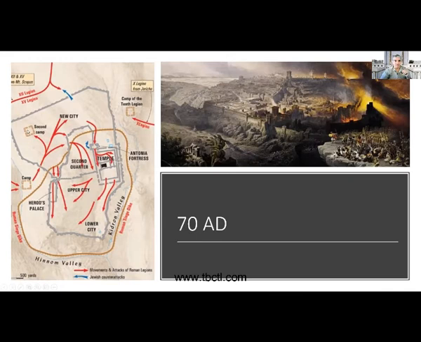We have several camps. If you see that, we have the first main camp of the 10th Legion. We have 2 more camps of the 10th and the 6th Legion that besieged Jerusalem, mostly the 10th Legion, the 10th Fretensis. And the way what happened was that when the Romans besieged the city, there was an attempt by the Jews.